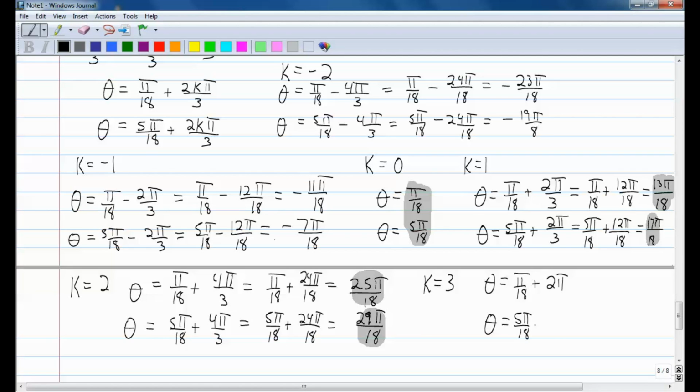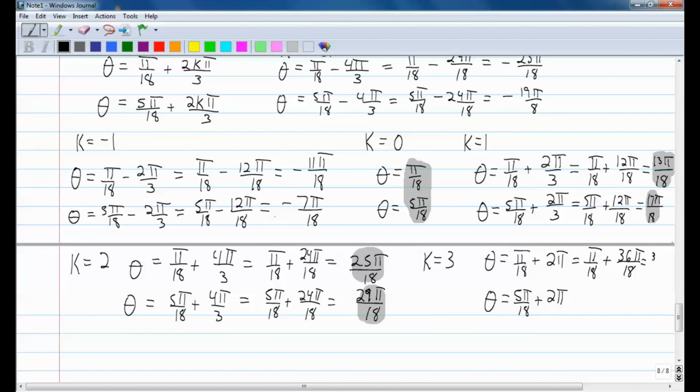I will add the numbers together just for fun, but adding 2 pi to a positive angle measure makes it bigger than 2 pi. So again, you've got to get a common denominator. That's going to be pi over 18 plus 36 pi over 18, which is 37 pi over 18.